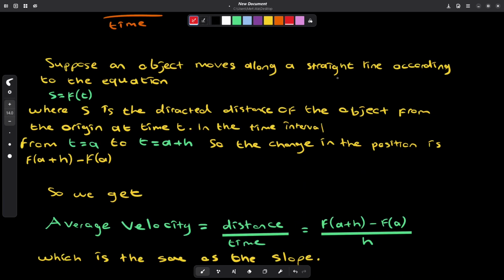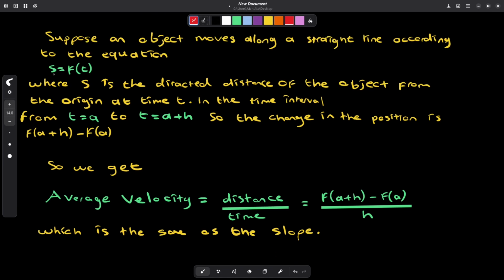Suppose an object moves along a straight line according to the function s equals f(t). s is the direct distance of the object from the origin at time t. So we have an object. Let's say this is where our object starts, and at time a, it's here, and at time a plus h, it's here.